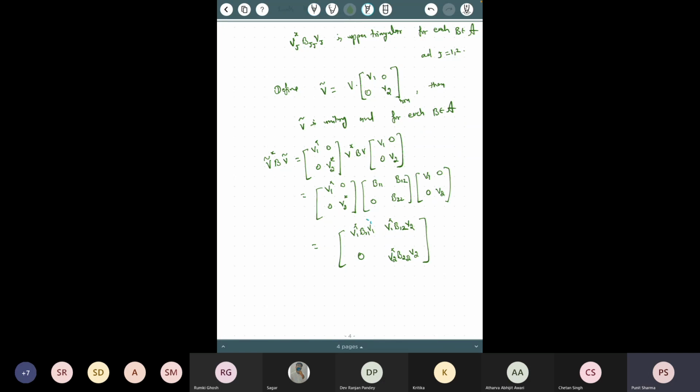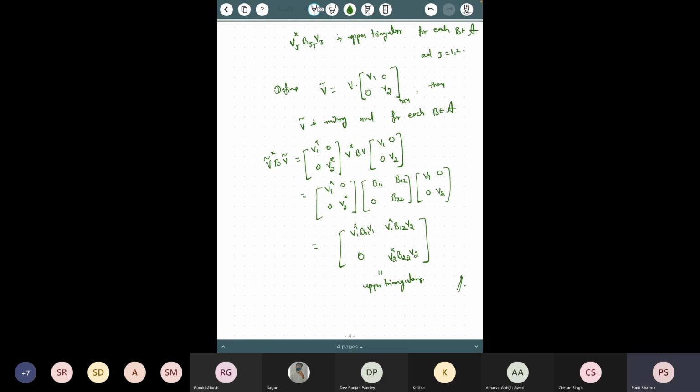Now since this matrix is upper triangular, you can say that this matrix is actually an upper triangular matrix. This is upper triangular, and you're done. So you have found a matrix V tilde which is unitary, and it triangularizes every matrix in this family.